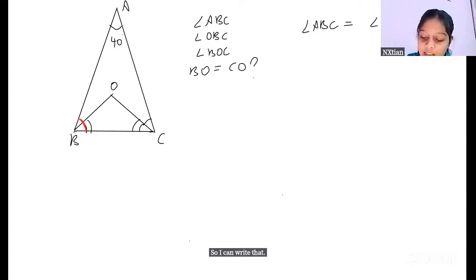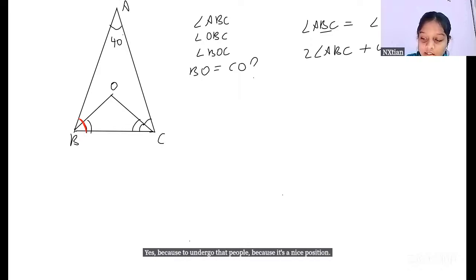And BAC I know is 40 degrees. So I can write 2 angle ABC, why 2? Because these two angles are equal because it's an isosceles triangle, plus 40 degrees equals 180 degrees.